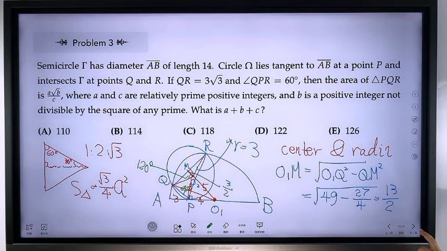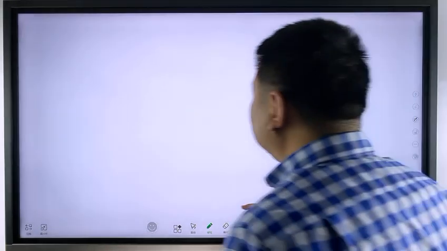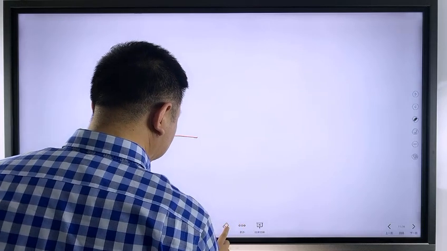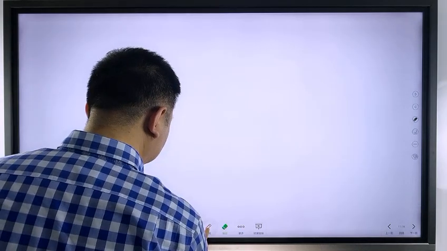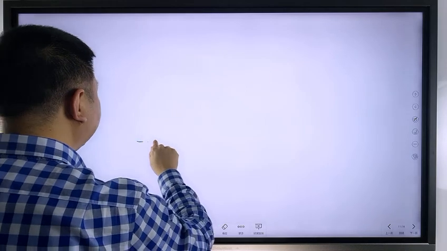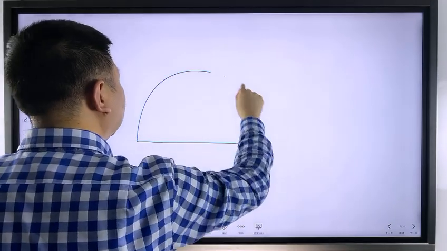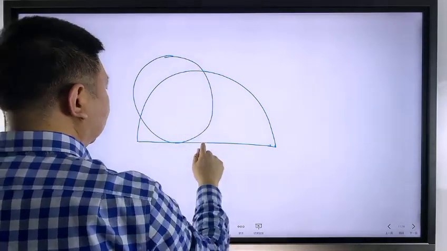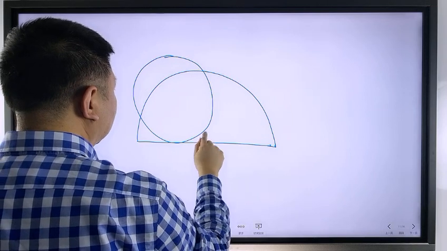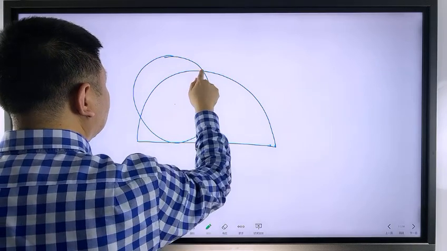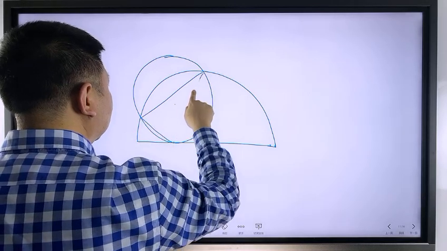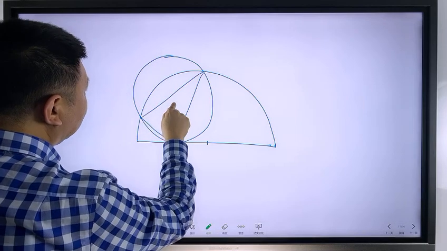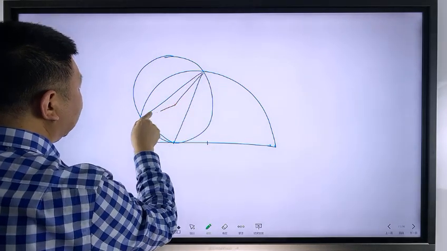Okay, so maybe I'm going to switch to the next picture and quickly draw another one to explain the idea. Again, I'm going to use the red color to denote all the radii and radius-related things.